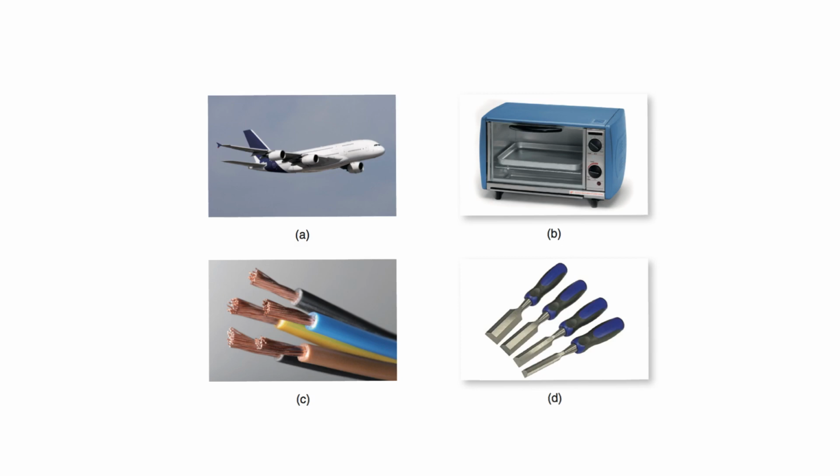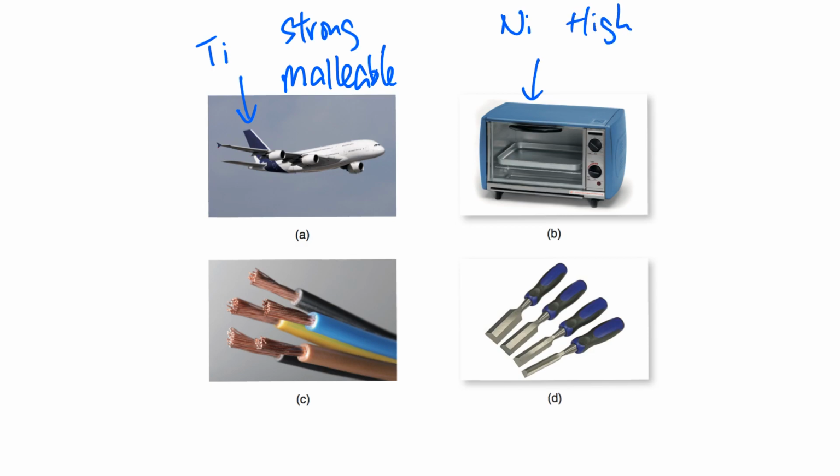Because of that, we find that transition elements can be used in many different places. For example, titanium is very strong and malleable. This one is an oven, where we use nickel because it has high thermal conductivity, and also a high melting point, so it won't melt easily.